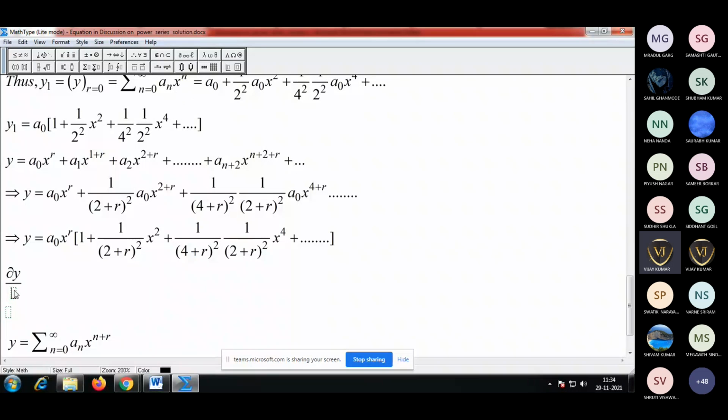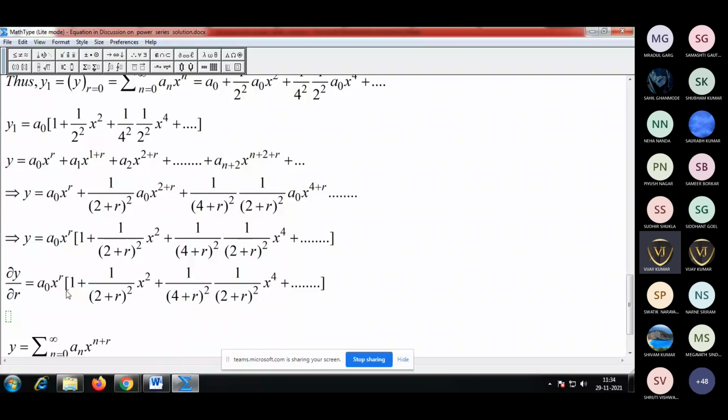Del y by del r. This value is equal to, we differentiate it. It means first term derivative of second term plus second term derivative of first term. Now derivative of second term means it will become 0.